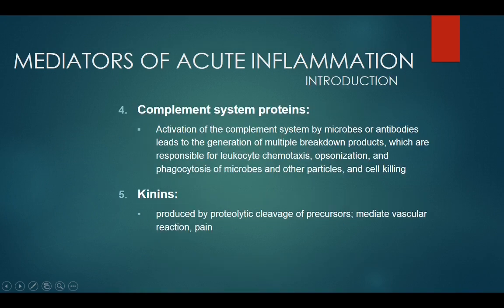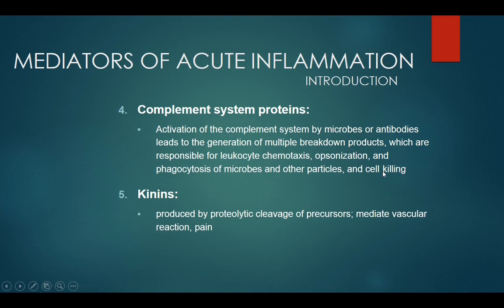Then what are the complement system proteins? These are also involved in acute inflammation. Activation of the complement system by microbes or antibodies leads to generation of multiple breakdown products, which are responsible for leukocyte chemotaxis, opsonization and phagocytosis of microbes and other particles, and cell killing.